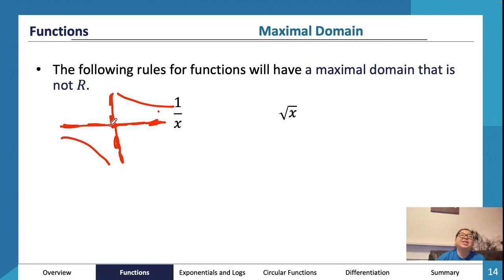And we can see that there are going to be asymptotes at x equals 0 and y equals 0, right? So what we see here are the asymptotes. And with asymptotes, that evidently means that one of the numbers won't be able to be accepted. So we think of it mathematically, like what wouldn't work with this function?